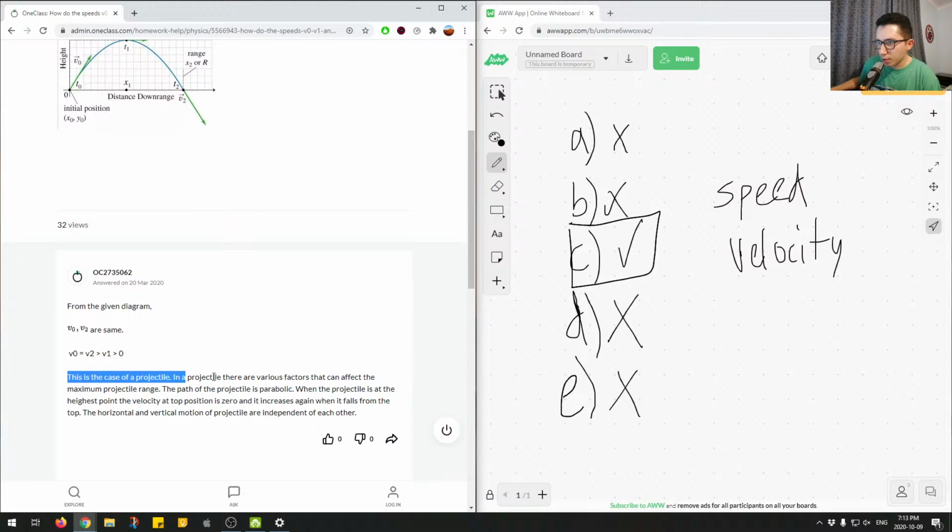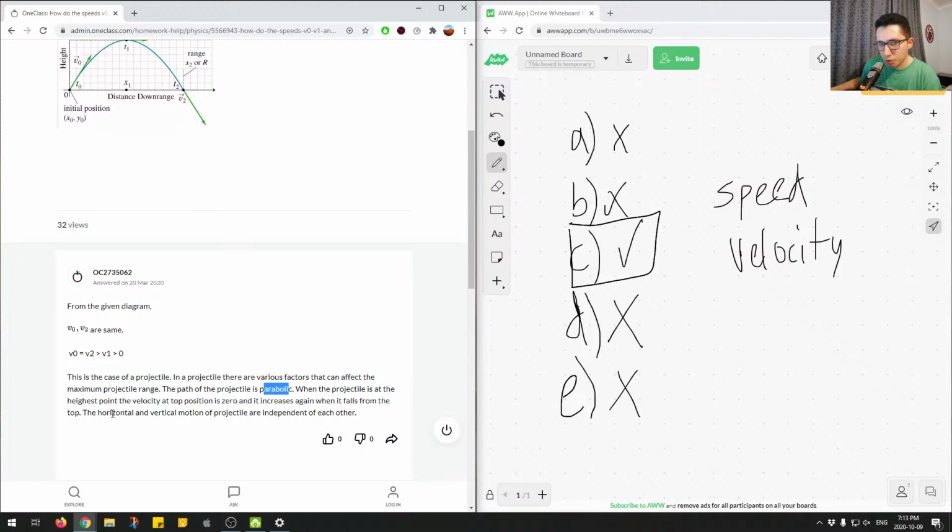So this is the case of a projectile. In a projectile, there are various factors that can affect the maximum projectile range, and it follows a parabola. At the highest point, the vertical velocity at the top position is 0, and it increases again when it falls from the top. The horizontal and vertical motions of a projectile are independent of each other.